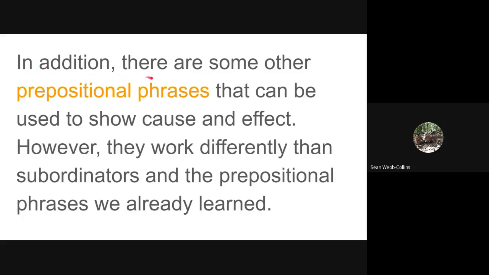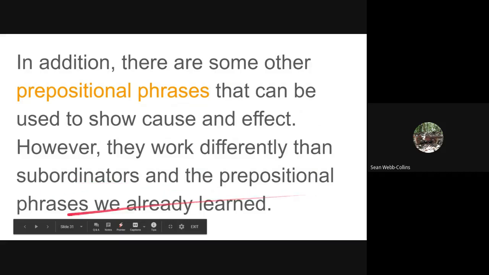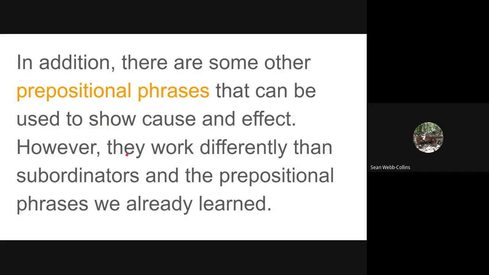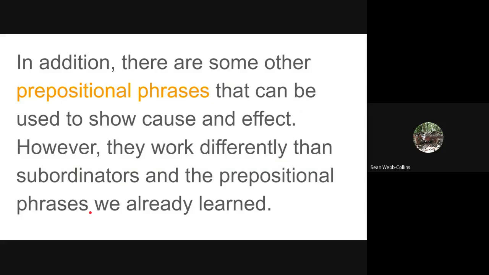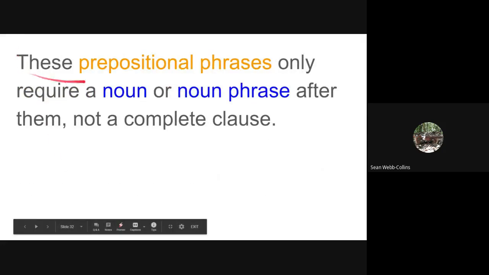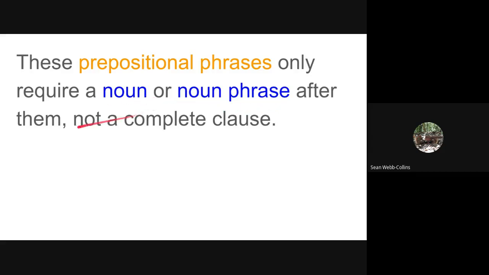In addition, there are some other prepositional phrases that can be used to show cause and effect. However, they work differently than subordinators and the prepositional phrases we already learned. These prepositional phrases only require a noun or a noun phrase after them, not a complete clause.